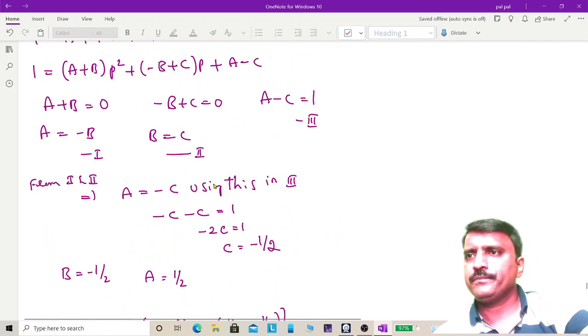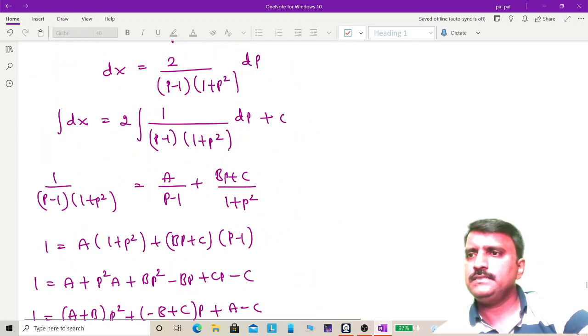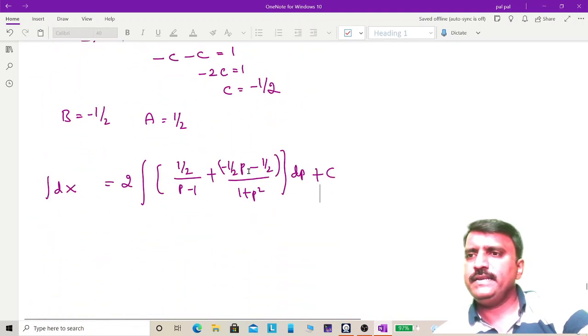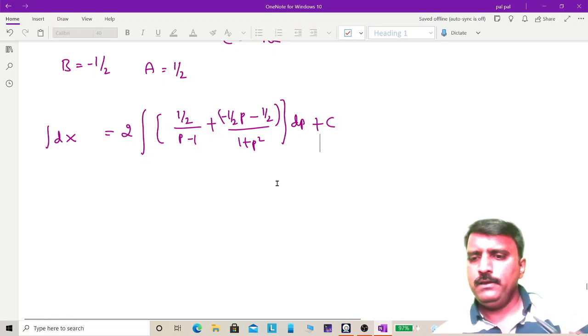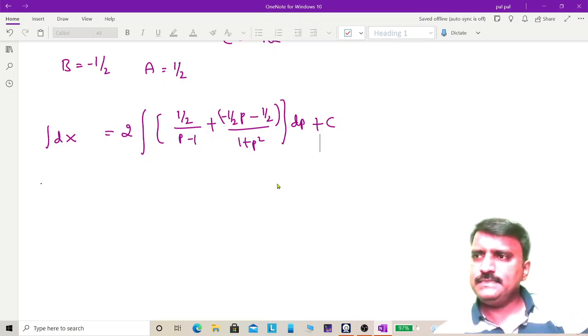Okay. So hope you understand. So this can be written as a by p minus 1 plus bp plus c, where b is minus 1 by 2, c is minus 1 by 2, into dp plus a constant c. That is, x is equal to, if you multiply this throughout by 2, then we have 2 into 1 by 2 is 1 by p minus 1 into dp.